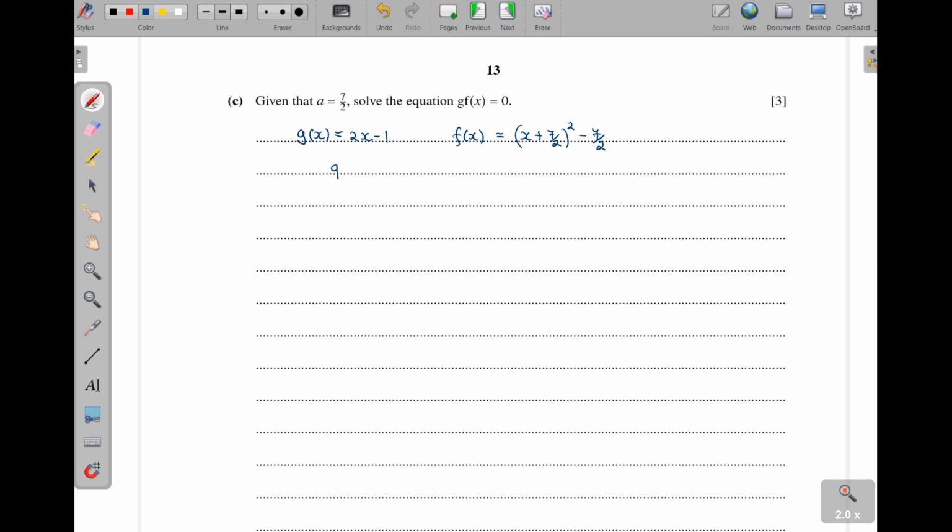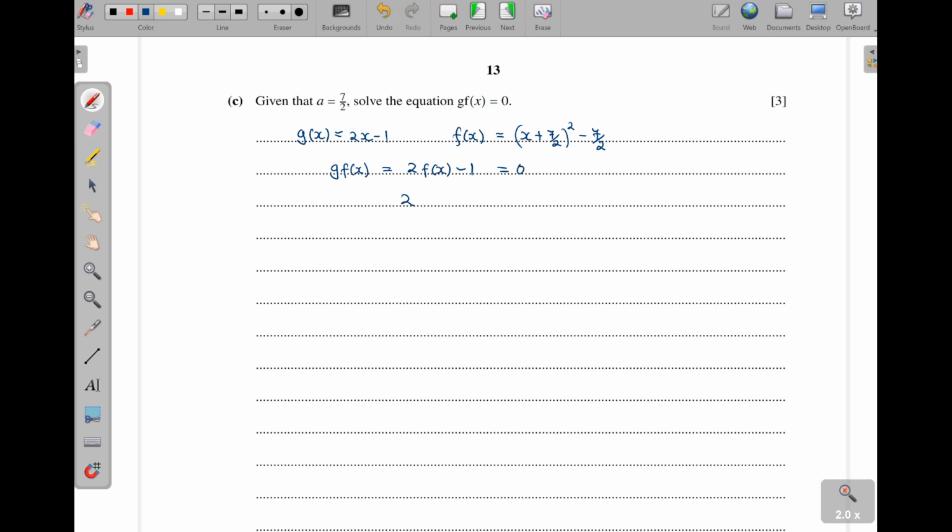Now, if we need gf of x, that means we shall come to the g of x, where there is x, we put f of x. So we shall have 2f of x, then minus 1, and then we equate to 0.